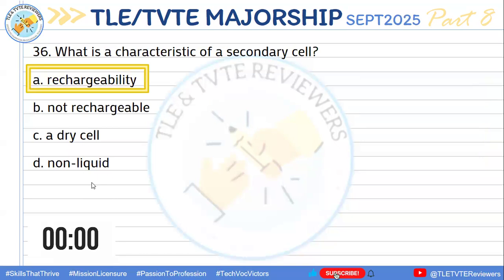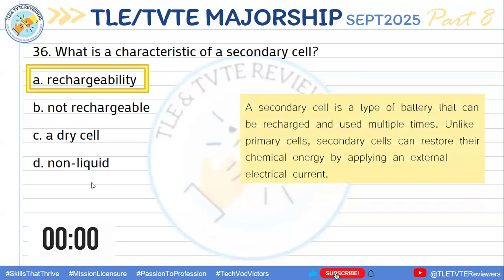Answer letter A, rechargeability. A secondary cell is a type of battery that can be recharged and used multiple times. Unlike primary cells, secondary cells can restore their chemical energy by applying an external electrical current.